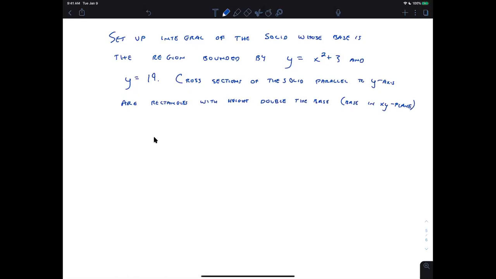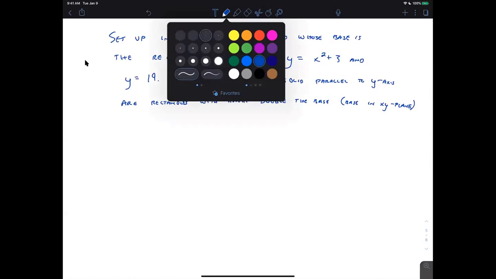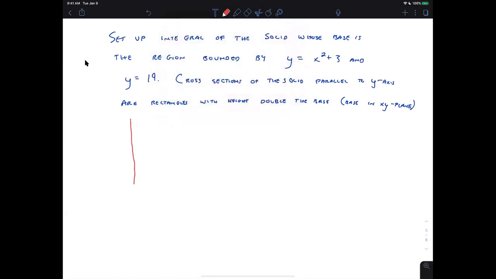All right, so we're going to set up the integral of the solid whose base is the region bounded by y equals x squared plus 3 and y equals 19. So this is a region in the xy plane, and let's go ahead and draw that. So x squared plus 3 looks about like that.